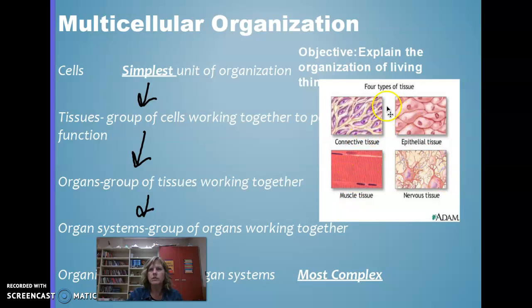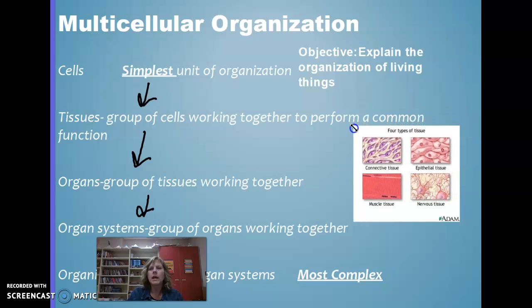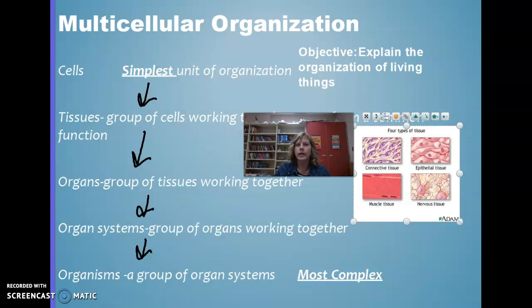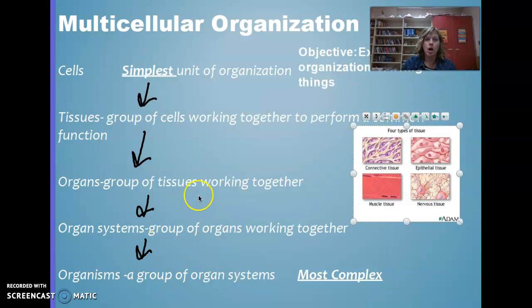We also have muscle tissue and nervous tissue. And those are the 4 main categories. There are different types of muscle tissue, obviously, and so on. But tissues make up organs, like our heart and our lungs and so forth. Groups of organs make up organ systems, like the respiratory system or digestive system. And then the organism is the most complex, and it is all of the organ systems working together.